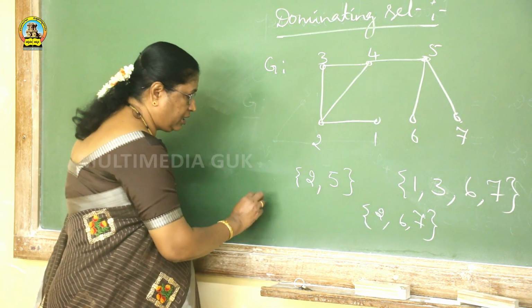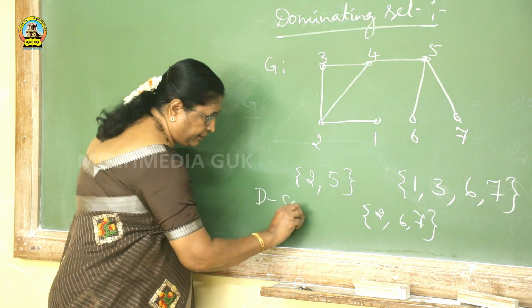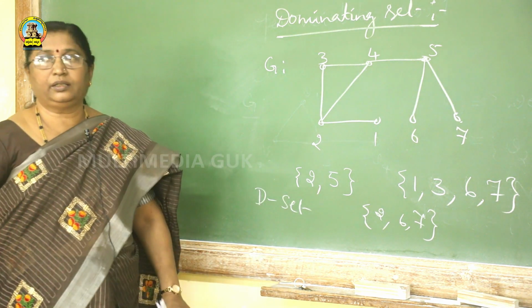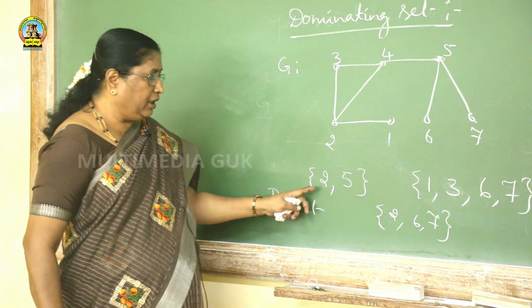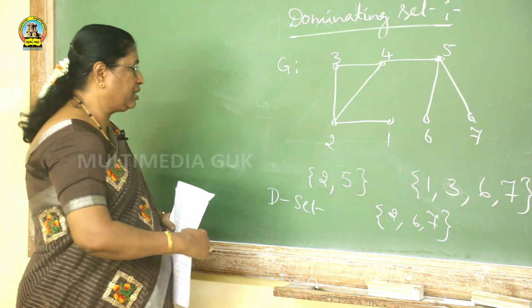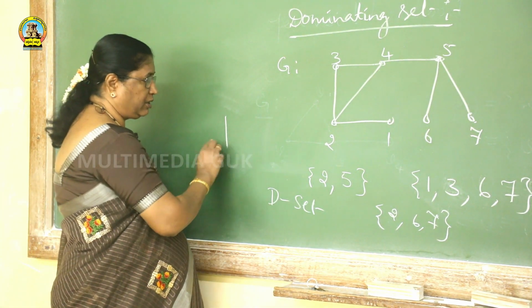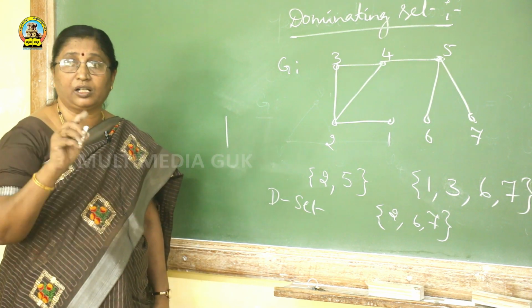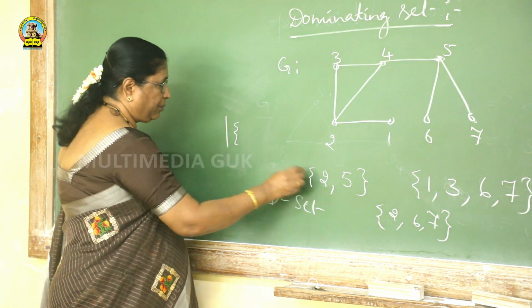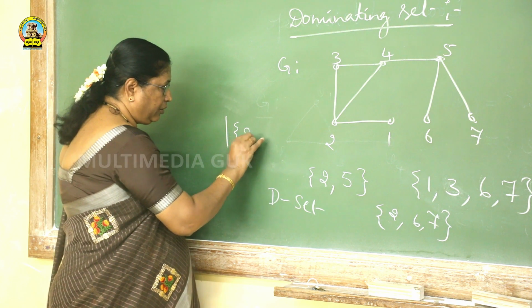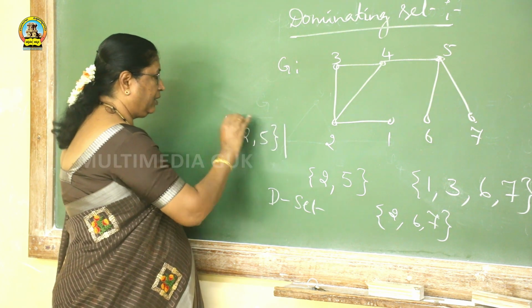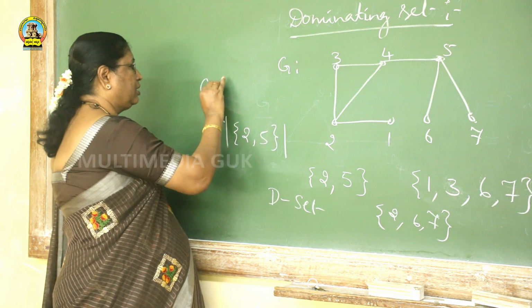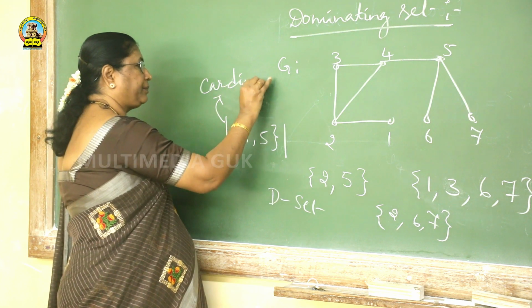We write it in general as D set. And to know about the cardinality, we use this symbol, the modulus sign. For example, the cardinality of the set 2, 5. This is what we call the cardinality of a set.